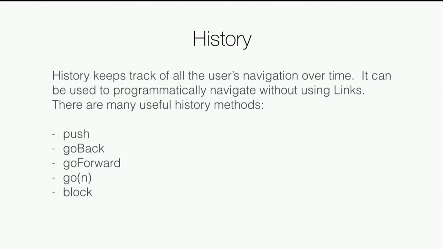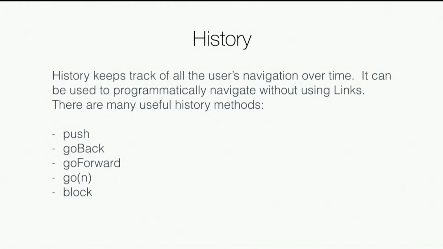The history object has information about where you've been, like all the different routes you've gone to, and it also has these methods on it, so you can call to go different places without the user having to specifically click on something. Probably the most common is push, and you pass it a string, and then it'll go to that URL.